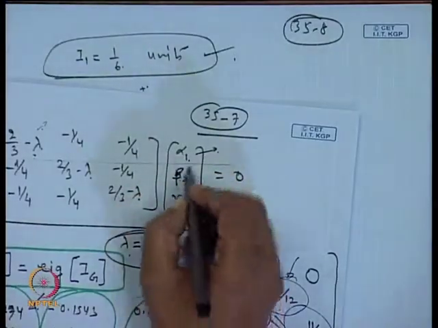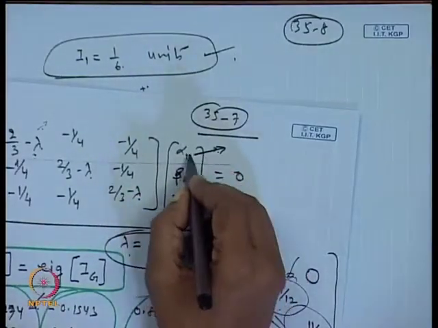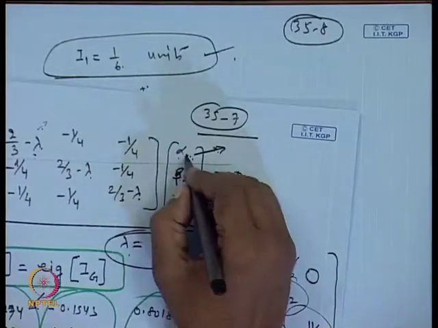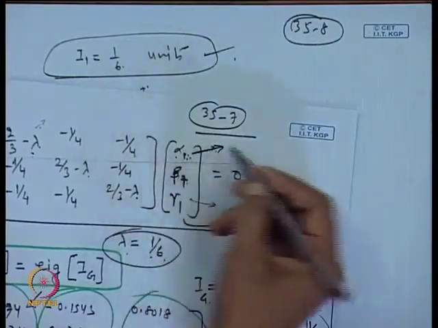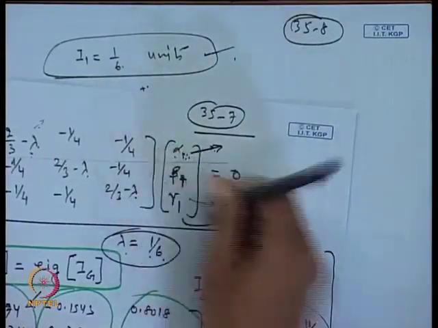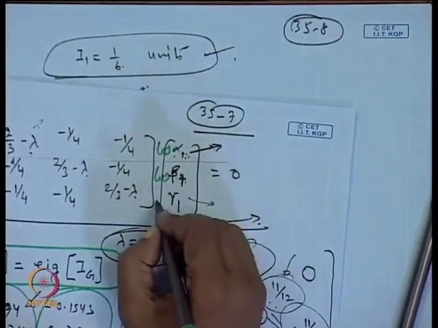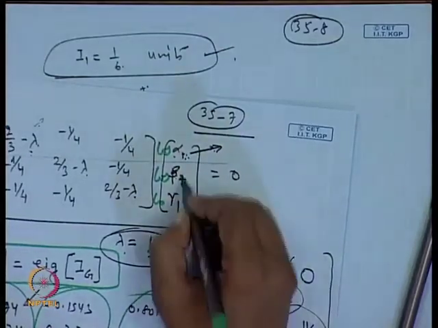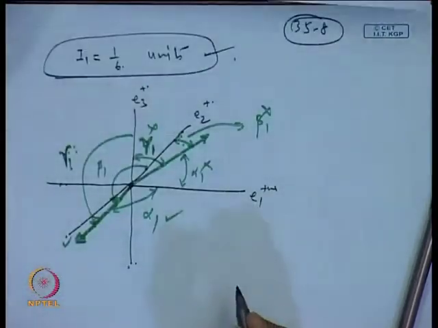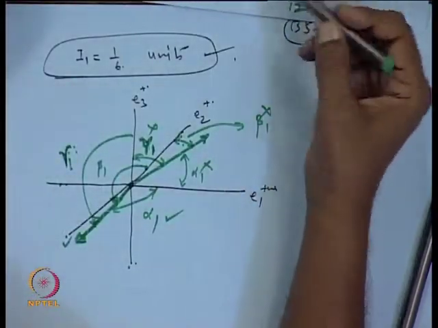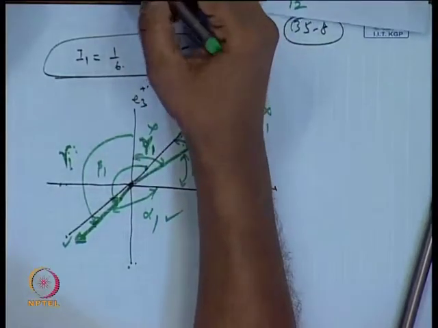So, one thing I would like to say is that these are all cosine values, meaning alpha 1 we have written. Instead of writing alpha 1 we could have written cos alpha 1, cos beta 1 and cos gamma 1. So, whatever you are getting, these are all the cosine values.